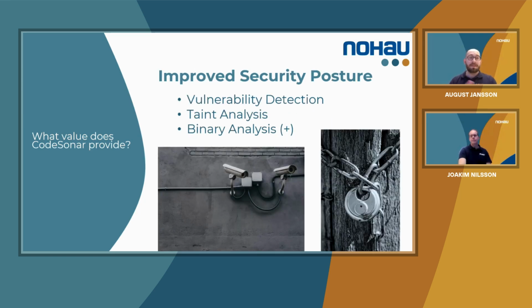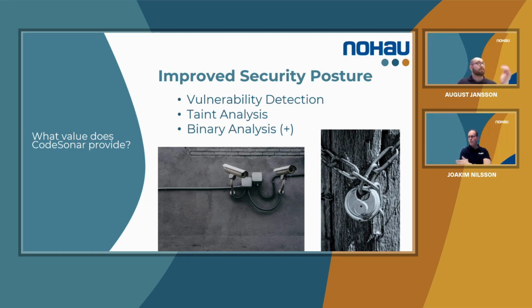Yeah, and then you will also have things like improved security posture. What's meant by that is vulnerability detection. With vulnerability detection, you will have security vulnerability standards that are listed in, for example, OWASP Top 10 or SANS CWE 25, CEI CERT, and so on. And then you also have taint analysis.